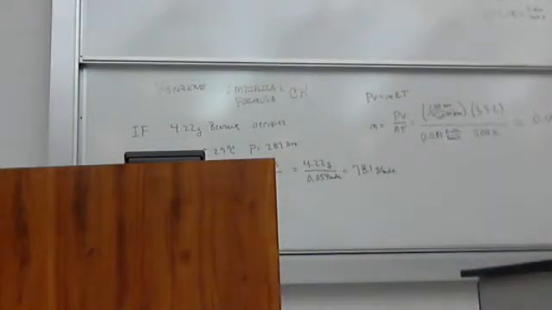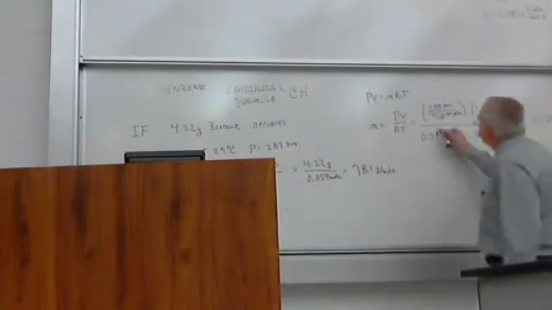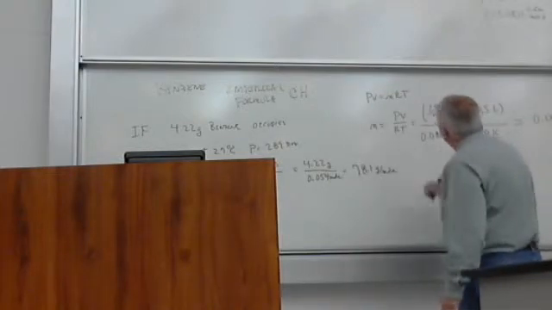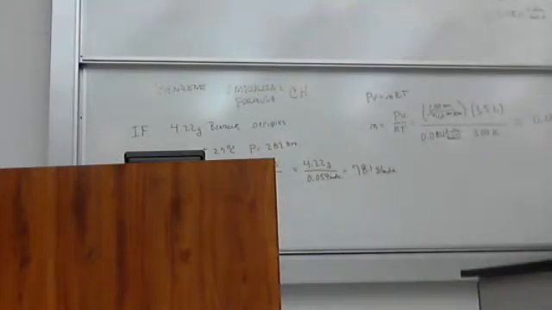Yes, ma'am. Okay, so at the bottom of the equation, you have 0.081, that's approximately 0.082. Yeah, you're right. That 2 is there, it's just hard to see. I'll make it a little bigger. Thanks.